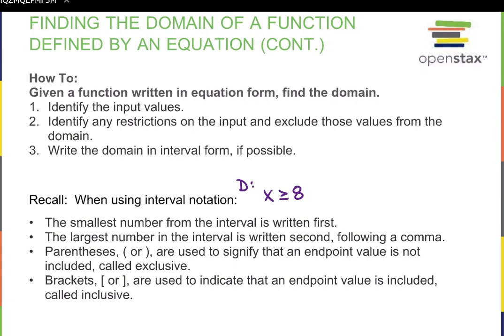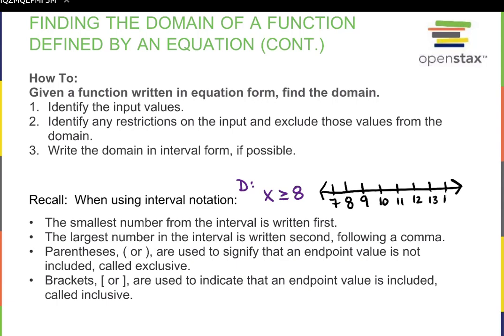If I were to draw a number line, in a different color. Alright, so let's see, we have the numbers. Here's 7, here's 8, here's 9, here's 10, 11, so on and so forth.